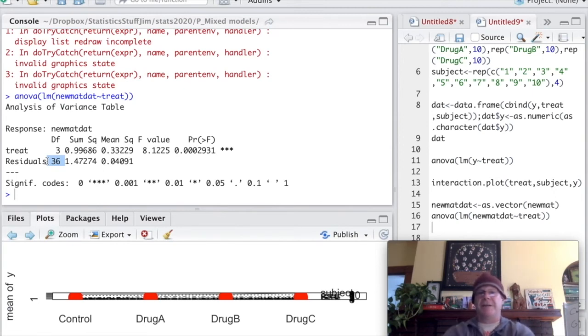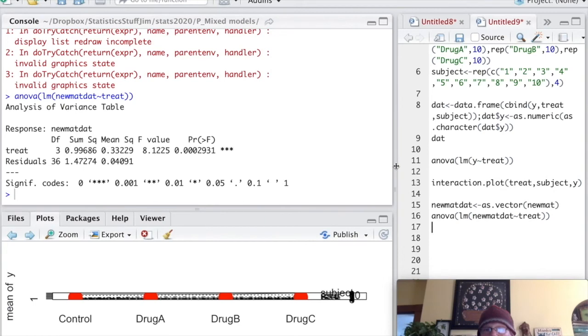That's because we're running the analysis on those data, but we're not accounting for the fact that we've already estimated 10 parameters in order to center that data. The only way that we could have centered that data would be to calculate the mean of each subject. And so what we want to calculate is the correct degrees of freedom.